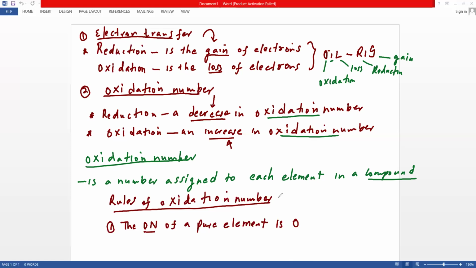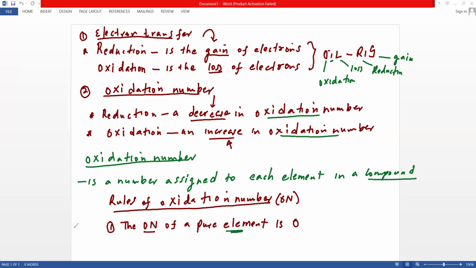I'll just write ON to represent oxidation number. The oxidation number of a pure element is actually 0. I'm not talking about a compound, I'm talking about an element.